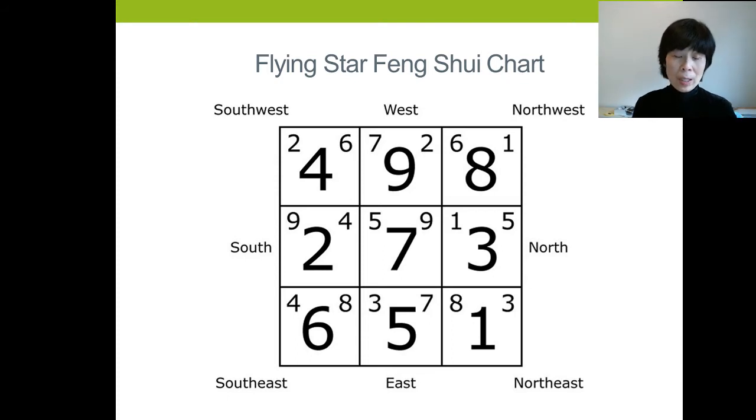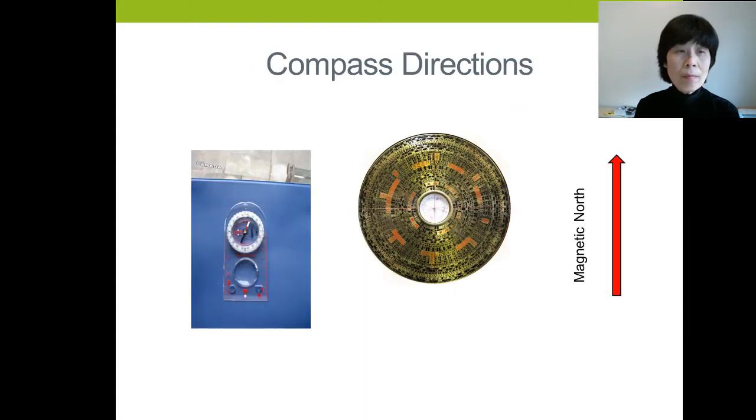So this is something you have to be aware of just in case you're going to be doing a Feng Shui audit or hiring a practitioner. Now let's get on to the next slide. Just quickly showing you some of the tools that are used in traditional Feng Shui.